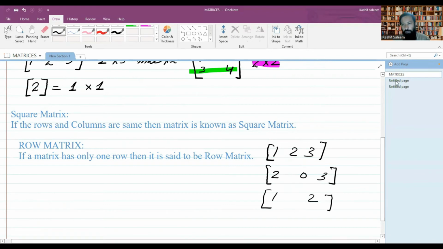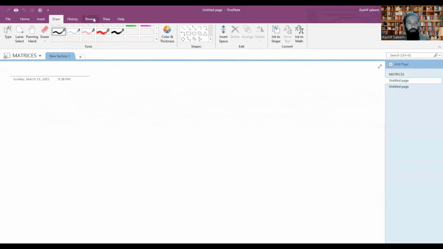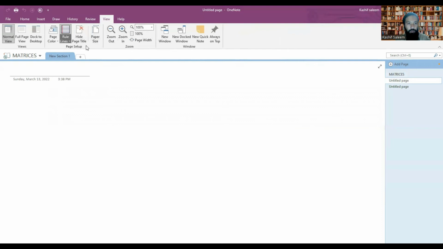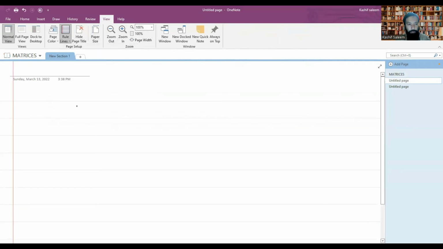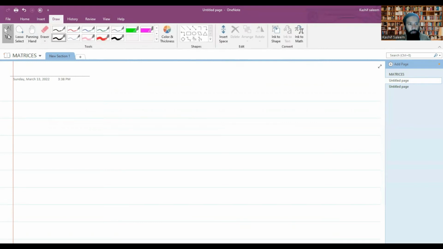Now consider another type. The next type is the column matrix.